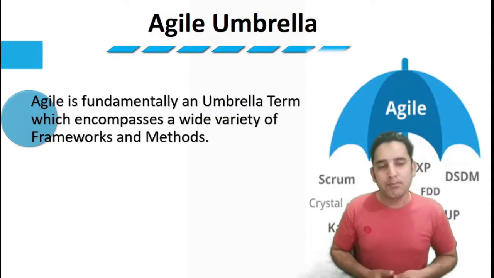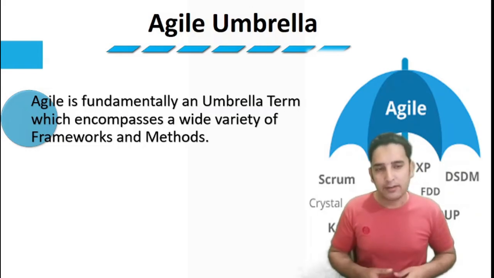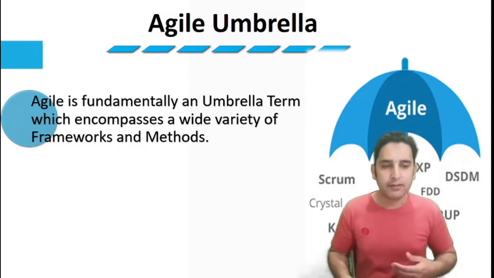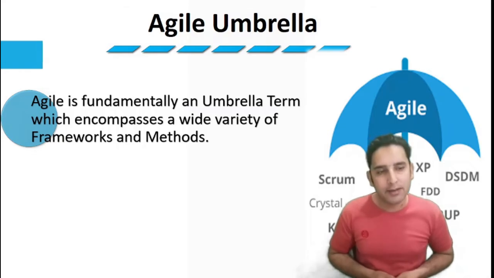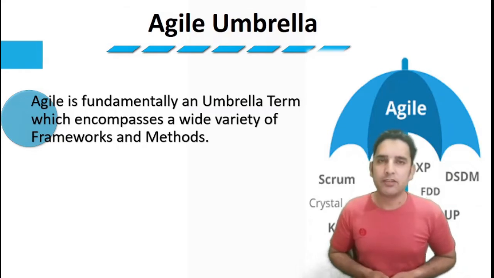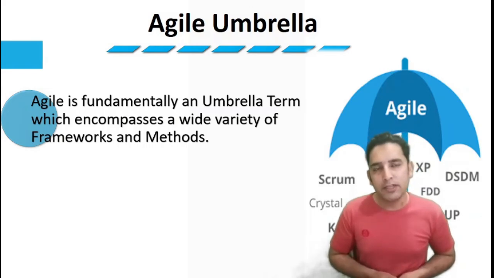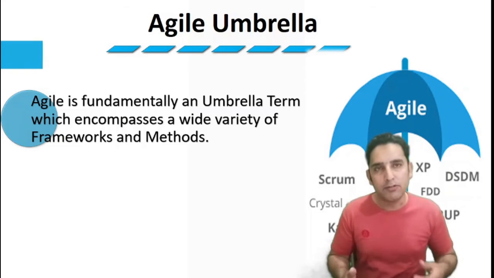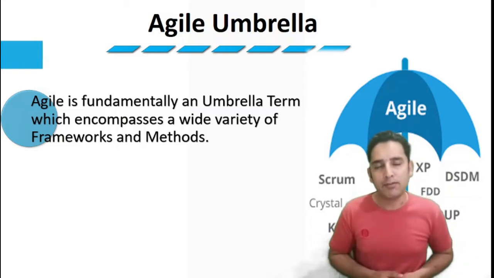Under the umbrella of Agile, one of the most widely used, and that would be the focal point of my videos, is Scrum. And then we have Crystal, and then we have Kanban, XP, which stands for Extreme Programming, DSDM, which stands for Dynamic Systems Development Method, then FDD, which is Feature-Driven Development, and then RUP, which is Rational Unified Process. And there are many more that exist under the umbrella of Agile.